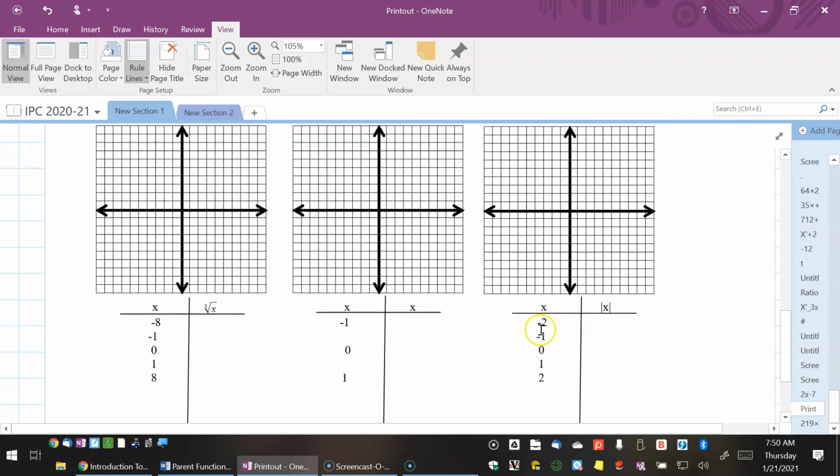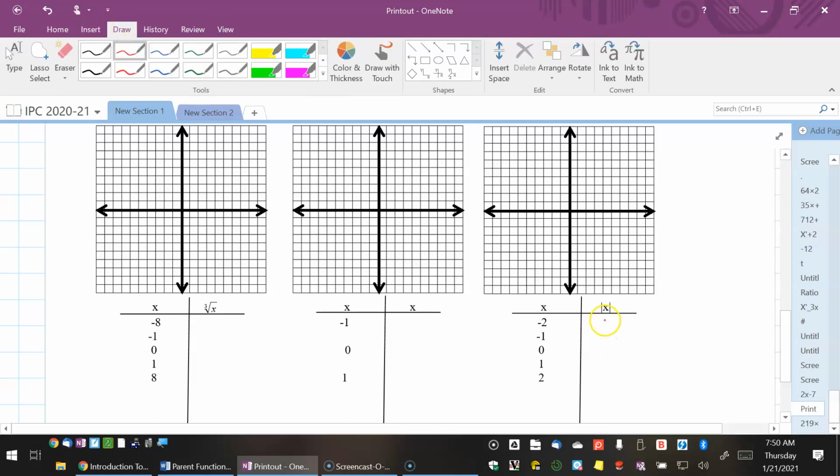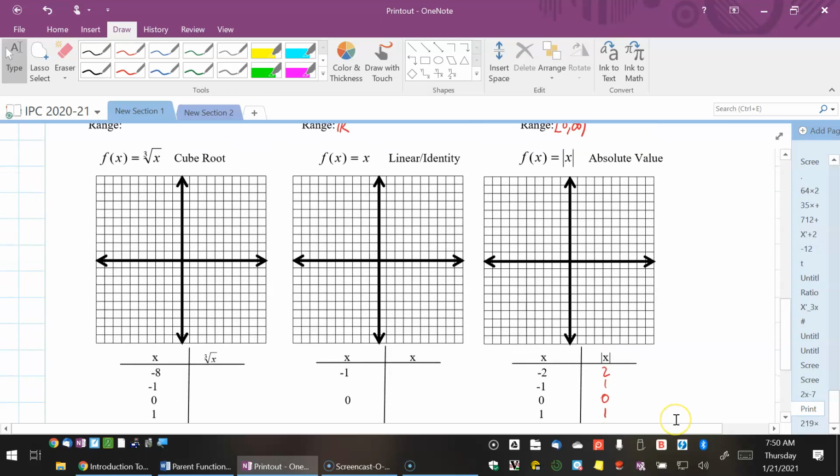Absolute value, the x's are once again -2 to 2, and the y's are the absolute value of -2 to 2. Speaking of, what's the absolute value of -2, guys? 2. Absolute value of -1? 1. 0, 1, 2. Graphing these out, we see the V shape of an absolute value.